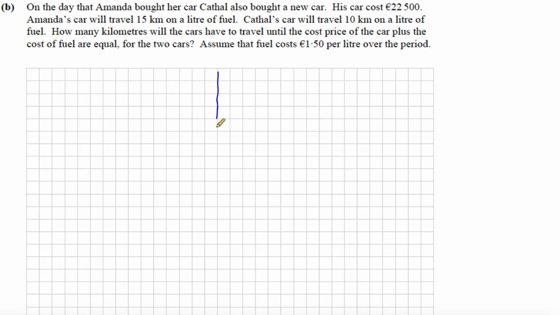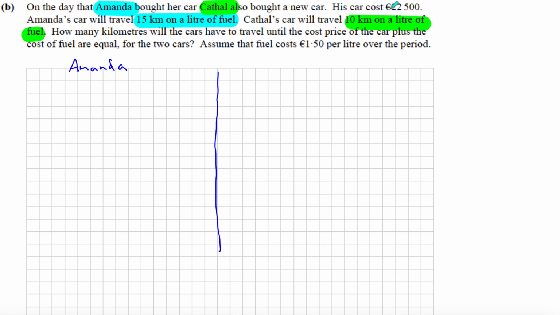Okay, well there's two people here that we need to look at. So we're going to do a split screen here and we're going to look at Amanda first. Now, Amanda, we highlight her information in one colour. So, Amanda, she travels 15 kilometres on a litre of fuel. And then if we look at Cathal, he travels 10 kilometres on a litre of fuel.